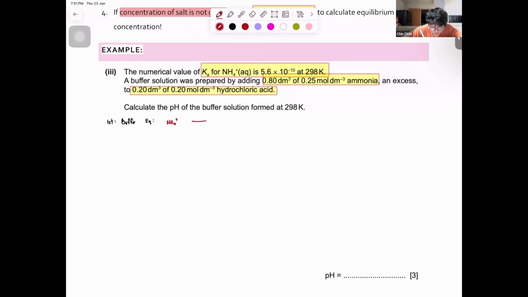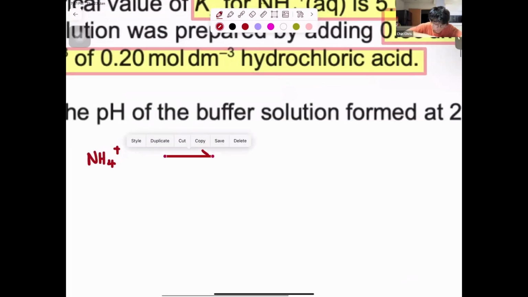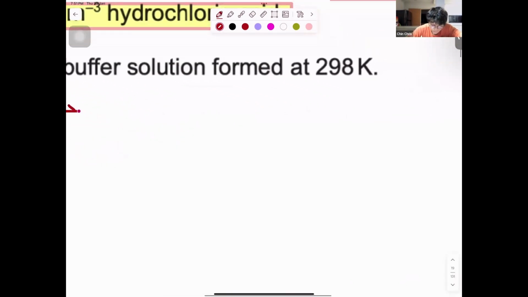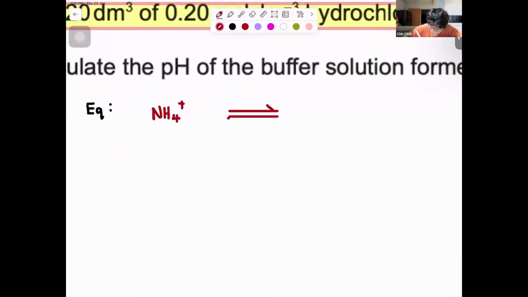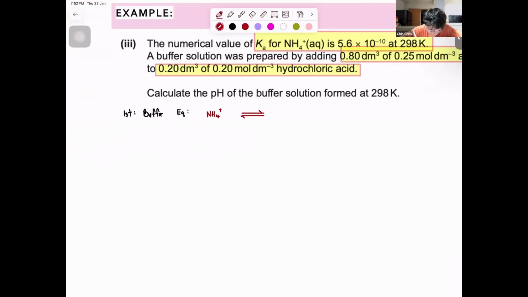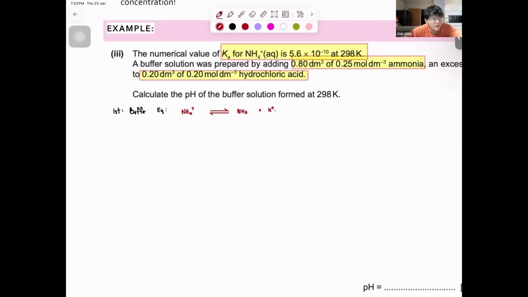So NH4+ turns into NH3 plus H+, right? Am I right?